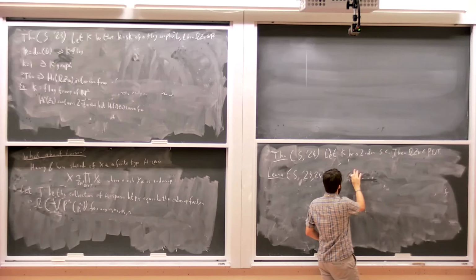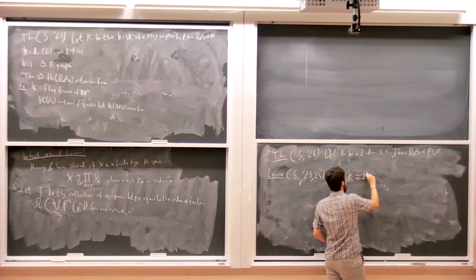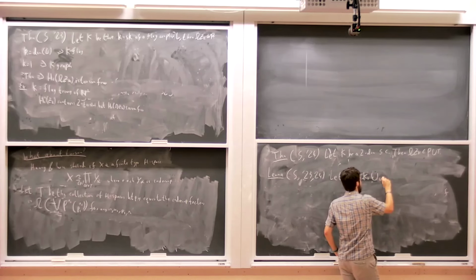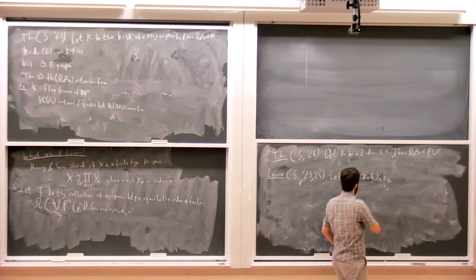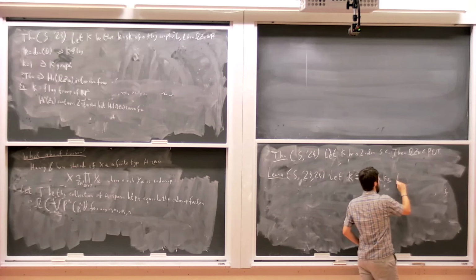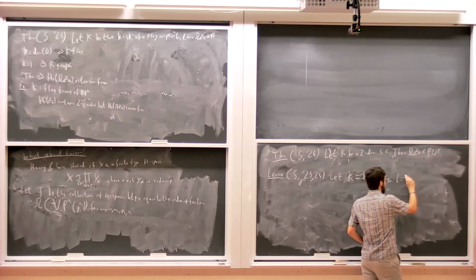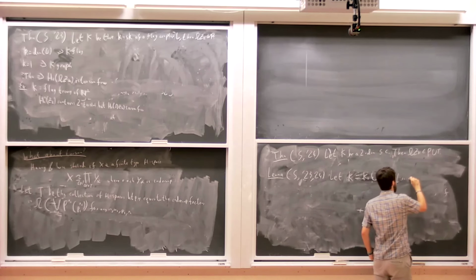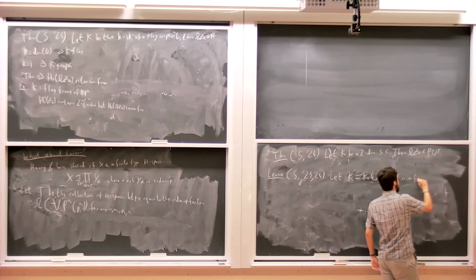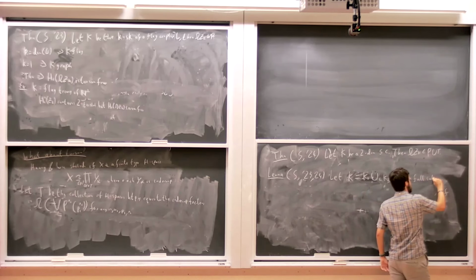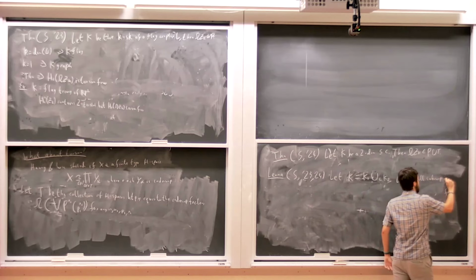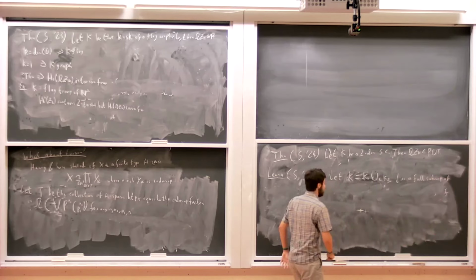Let K be the union of K1 and K2 over some subcomplex L, where L is a full subcomplex of K1 and K2.